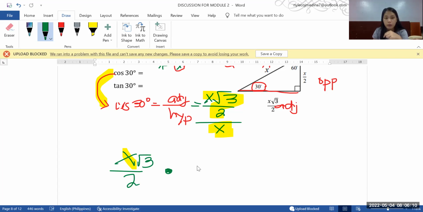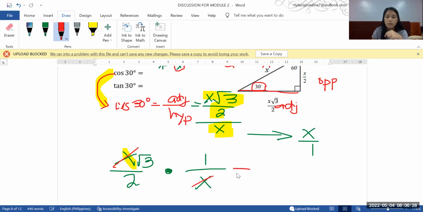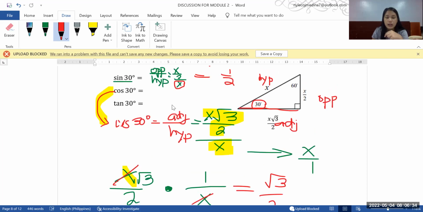The denominator is x, which is x over 1, and its reciprocal is 1 over x. Then the x cancels, and what remains is square root of 3 all over 2. So our cosine 30 degrees is equal to square root of 3 all over 2.